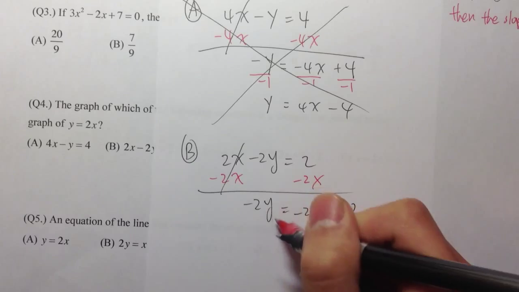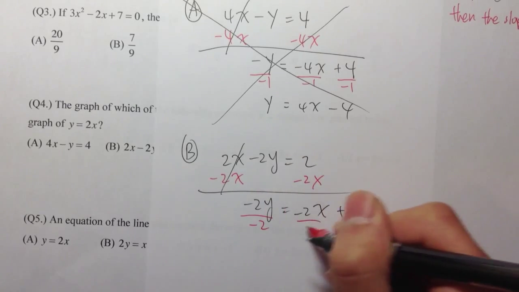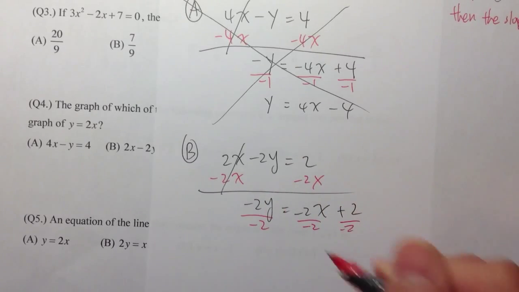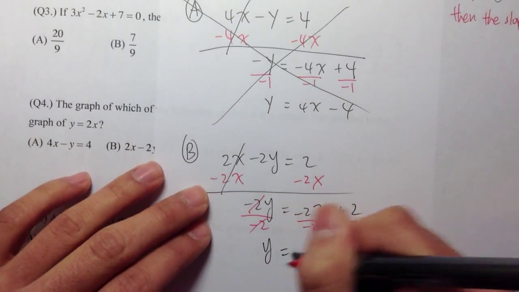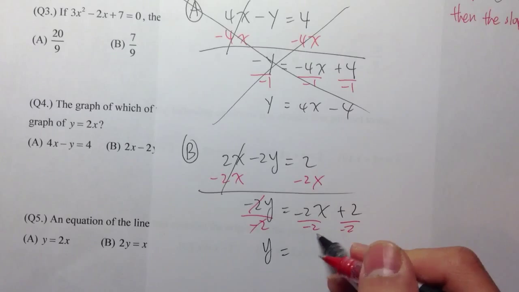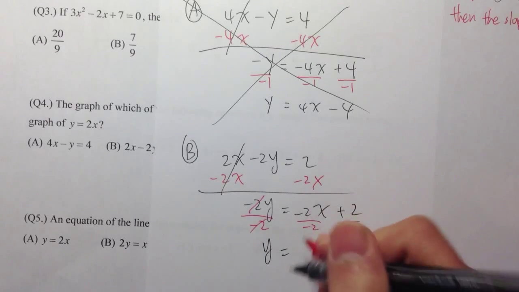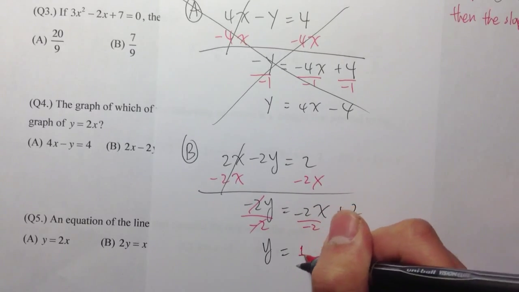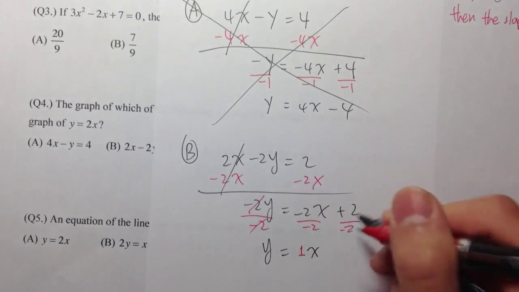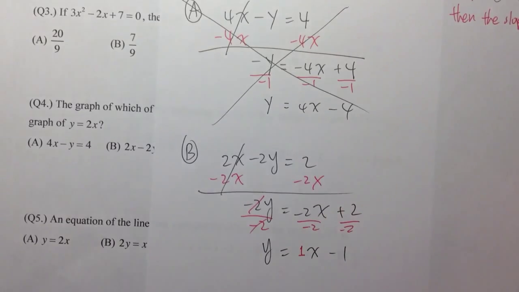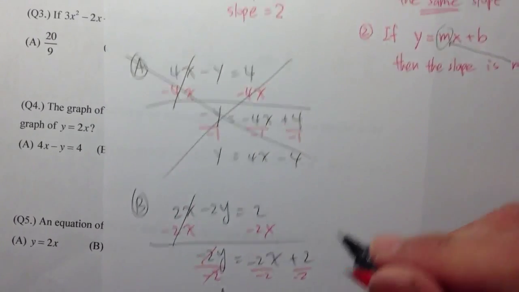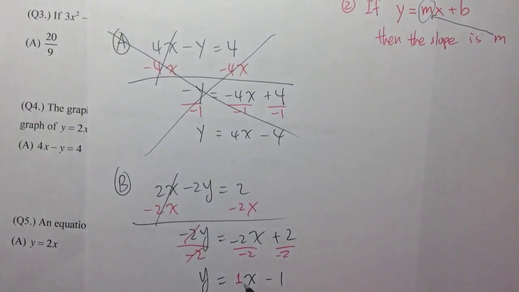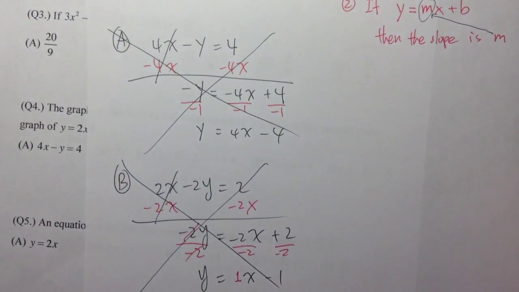I need to get y by itself, so divide everything by negative 2. I have y equals negative 2 divided by negative 2, which is 1, so 1x, minus 1. The number in front of the x is the slope, but we're looking for 2. So again, this is not the answer.